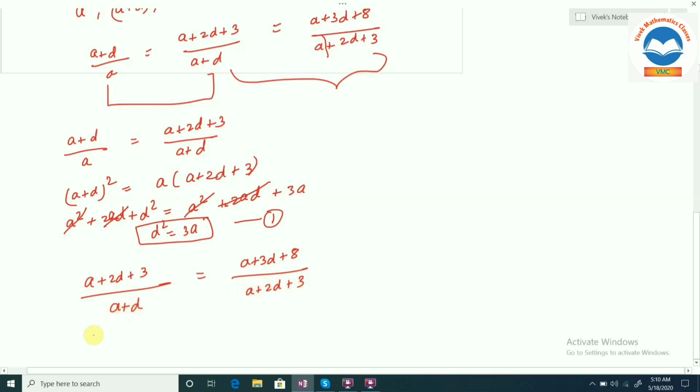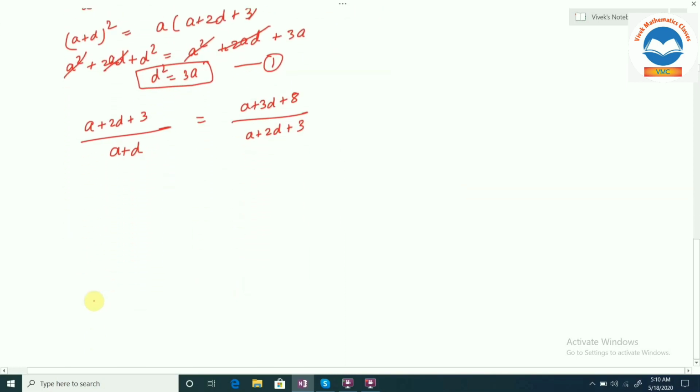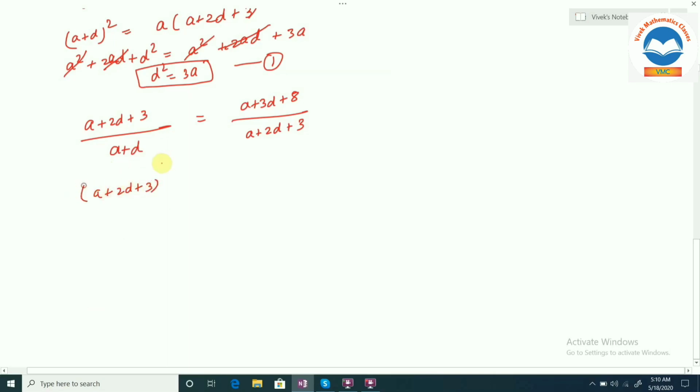So cross multiply. If you cross multiply, we will get A plus 2D plus 3 whole square equal to A plus D into A plus 3D plus 8. So expand it.